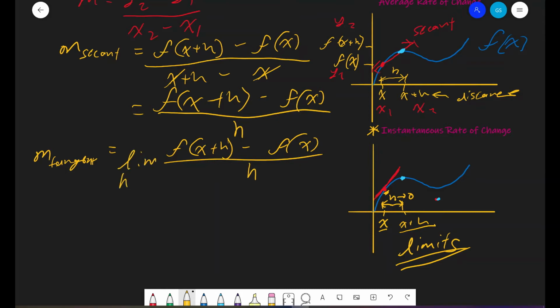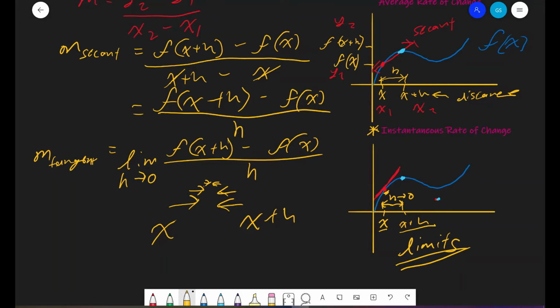The limit as h approaches 0. Because again, if the distance between x and x plus h keeps shrinking and getting closer and closer to each other, eventually it'll just be 0, and x will sort of be like x plus h, right?